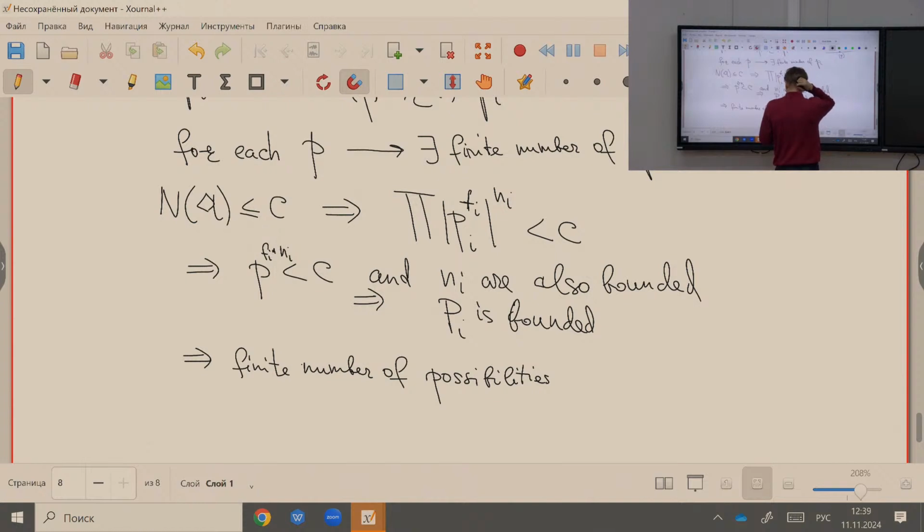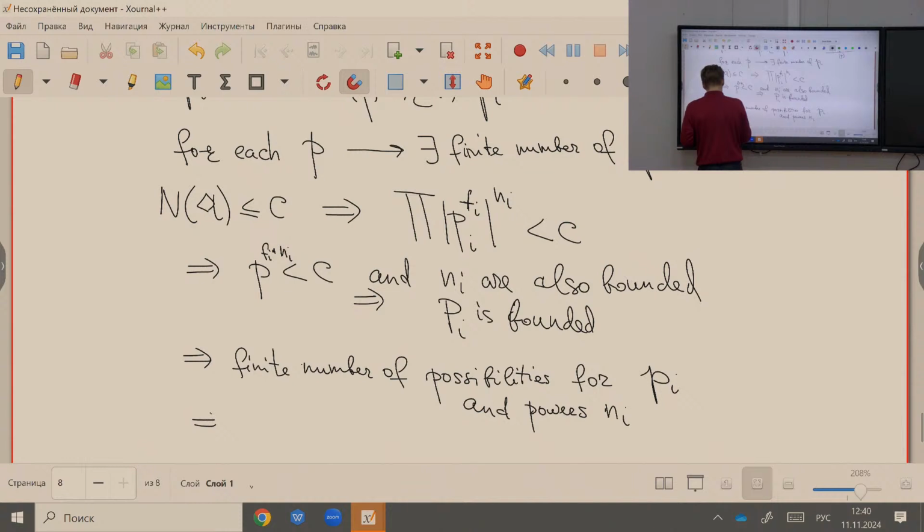So you have the finite number of possibilities for ideals p_i and their powers. So finite number of n, finite number of e's.